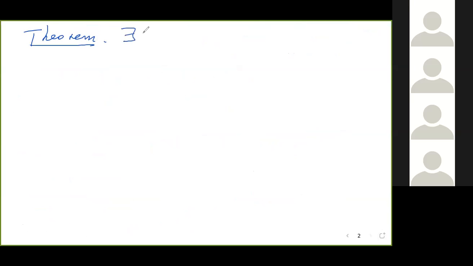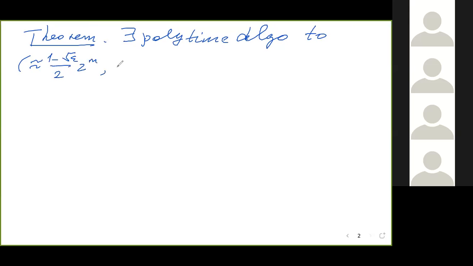There is a polynomial time algorithm to list decode approximately 1 minus square root of epsilon over 2 to the m, square root of 1 over epsilon 2 to the m. So this is the number of errors we correct. This is the size of the list. Decode that code, Reed Solomon plus Adamar.